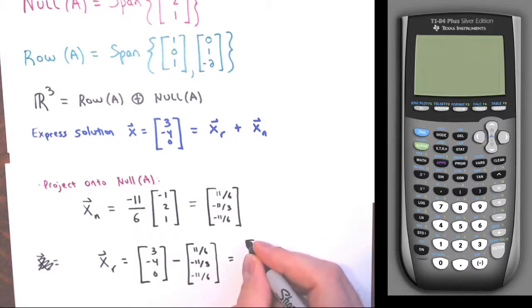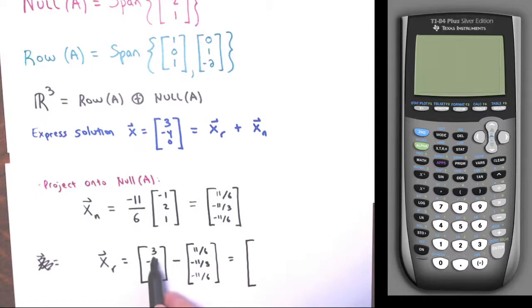And putting these together, getting common denominators and all that, this is 18/6 minus 11/6, so that's 7/6 for the first component. Then this is negative 12/3 minus negative 11/3 would be plus 11/3. So negative 12/3 plus 11/3 would be negative 1/3. And 0 minus negative 11/6 would be plus 11/6.